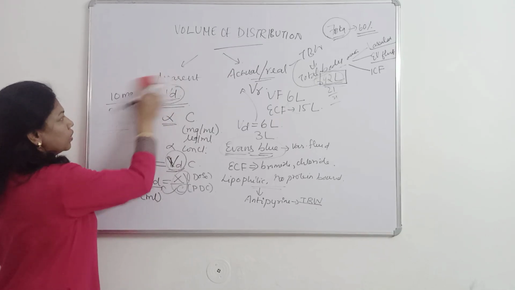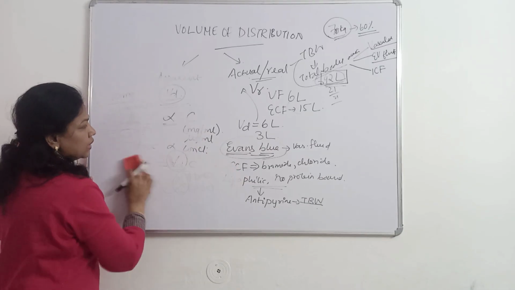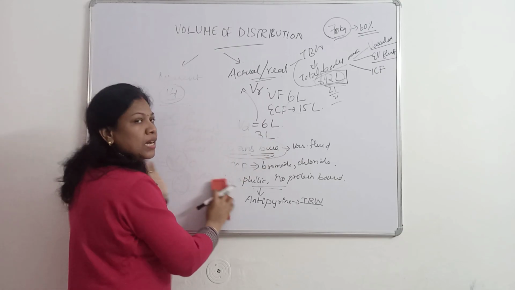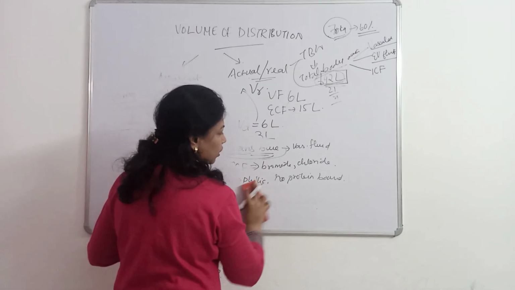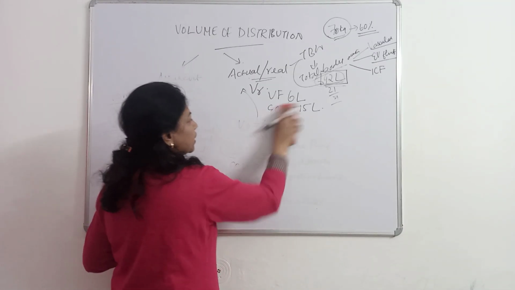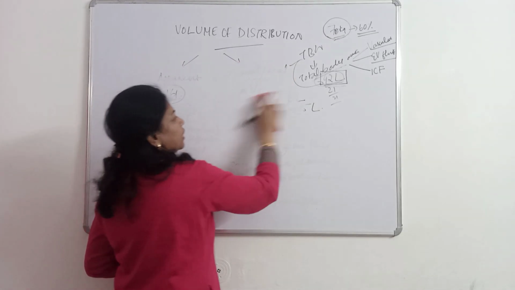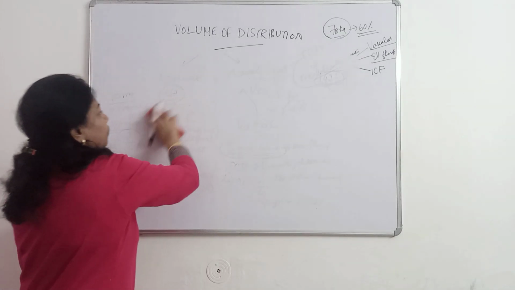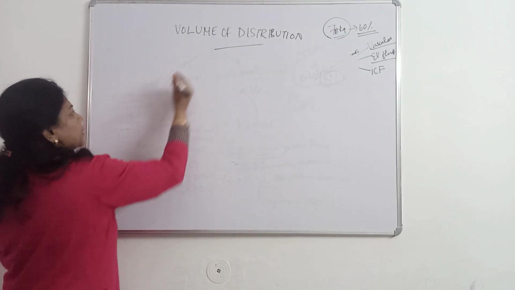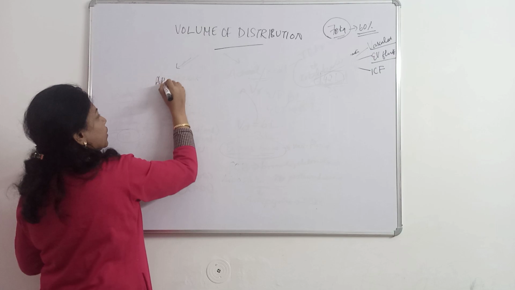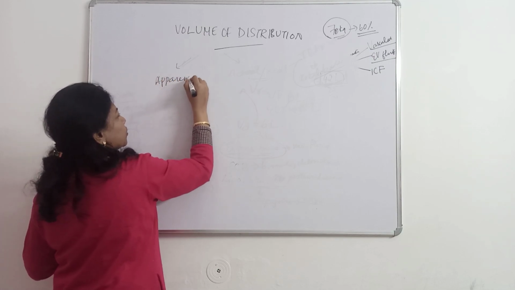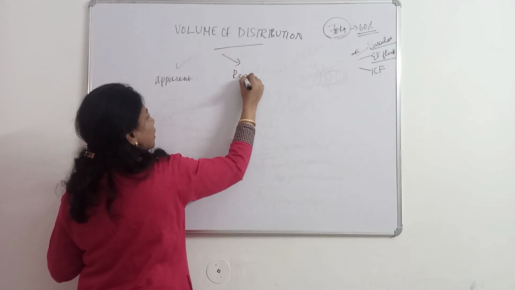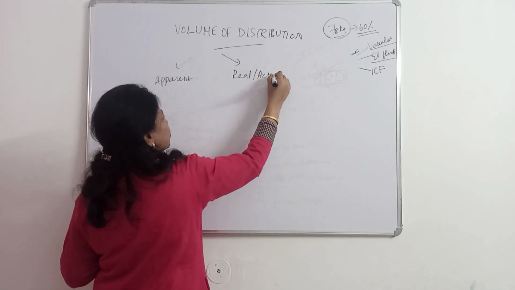This is an example for apparent volume of distribution. This apparent volume of distribution is not related to any total body water. It is merely the ratio or the proportionality constant relating the amount of drug administered to the plasma drug concentration. So we have apparent volume of distribution and the other one is real or actual volume of distribution.